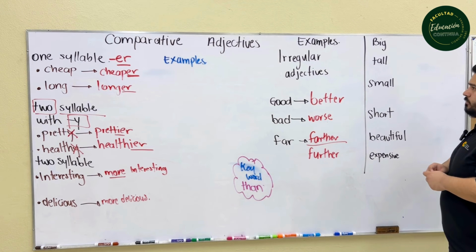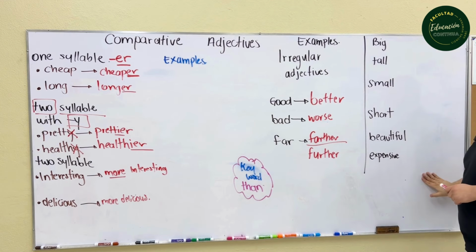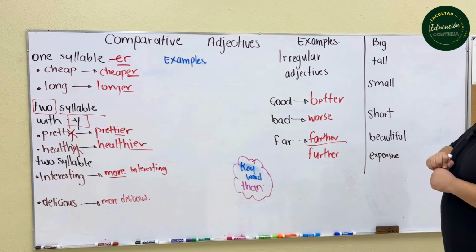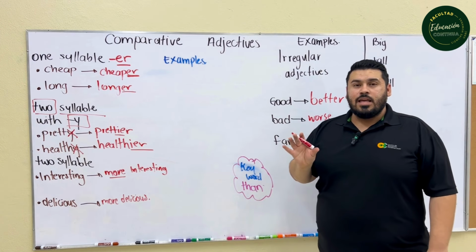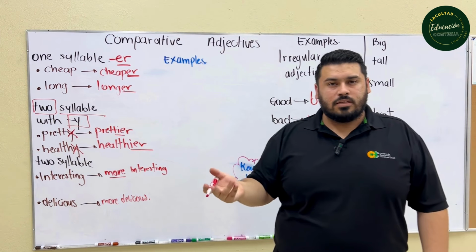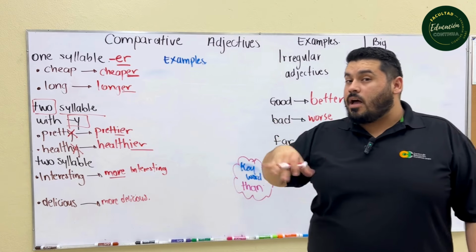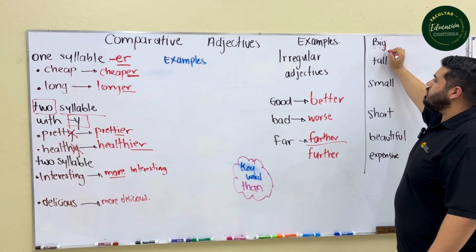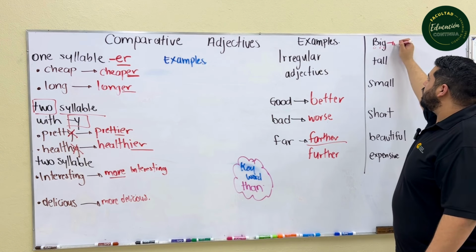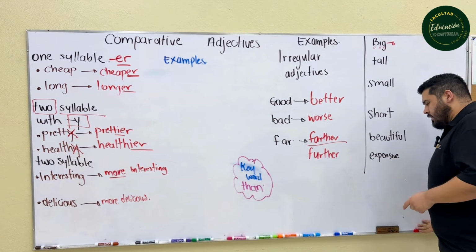Now, we're going to have more examples here. In this section, with this kind of words, not all of them follow the same rule. But for some of them, if you have consonant, vowel, consonant, you have to double the last consonant.